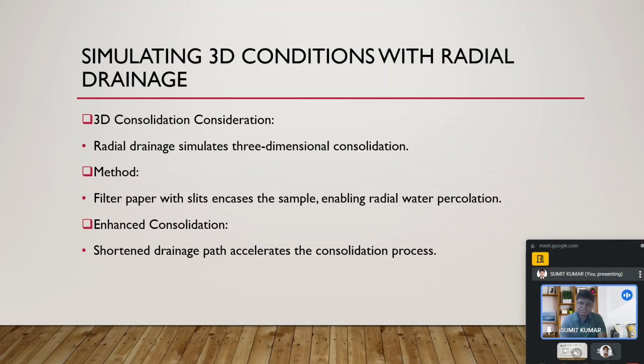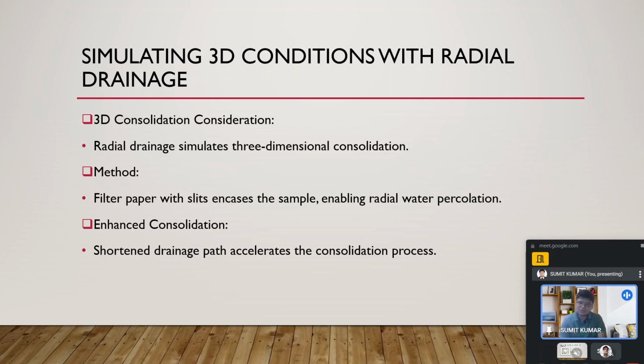We simulate the 3D conditions with the help of radial drainage. In the last slides, you have seen the word radial drainage. It also implicates the real field conditions, which take place with the help of this radial drainage property.